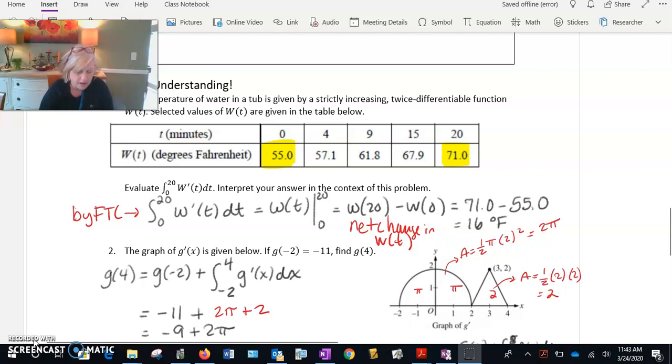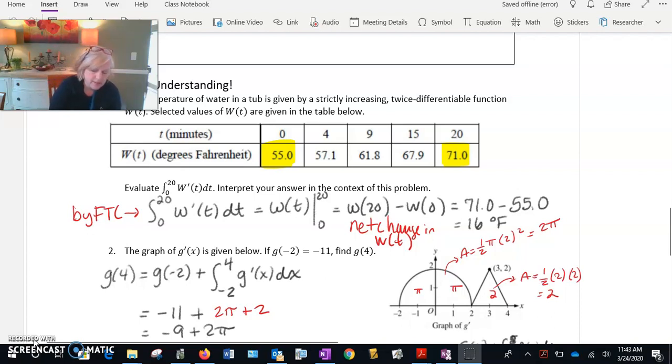Then for number two, we went back to this idea of finding the antiderivative, the actual function value, incorporating the starting value. This is that idea where there was a constant that gets added.